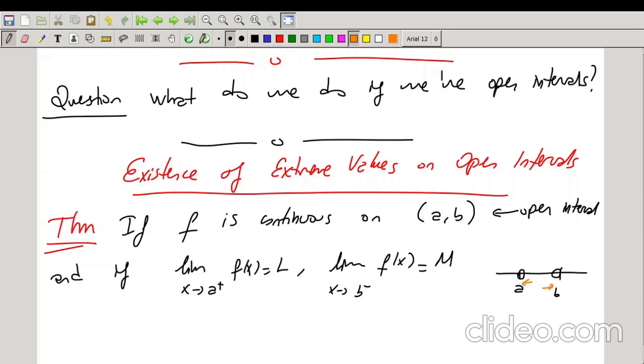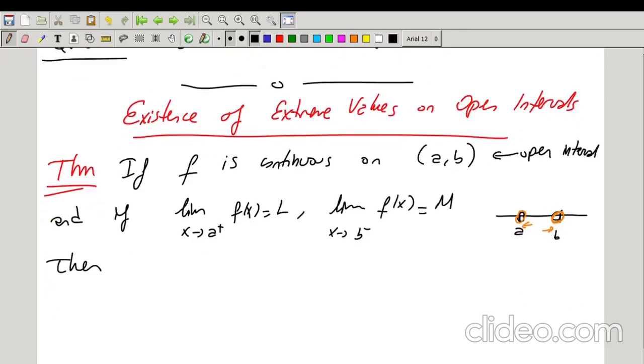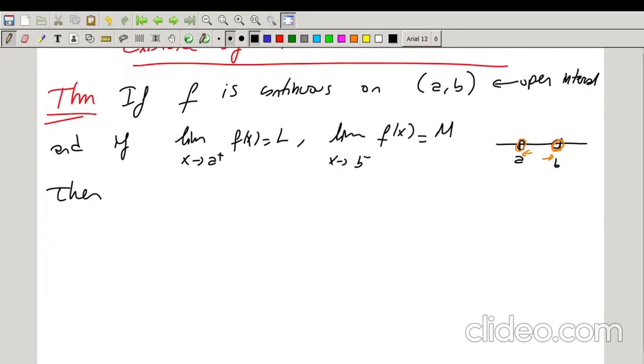Okay, and here we have limits for those 2 points, and moreover we have the following. Then there are 2 or 3 statements. Let me write it.